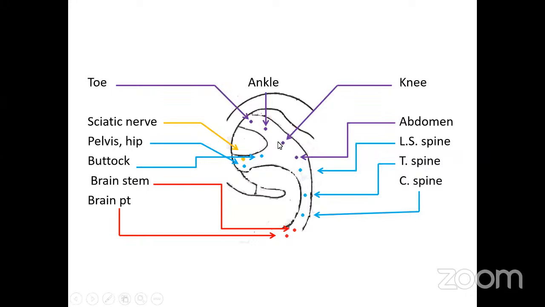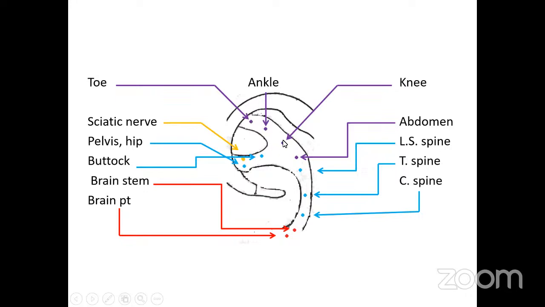Now we come to the rest of the antihelix. Now the antihelix is till this point represented by the lower limbs. So topmost area is occupied by the toes, then the ankles, and at the angle of the triangular fossa comes the knee.